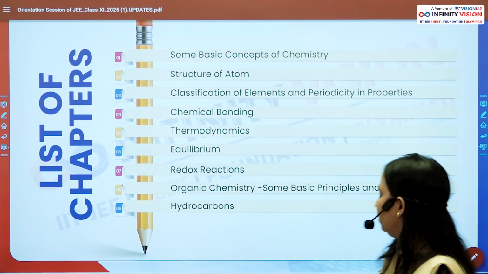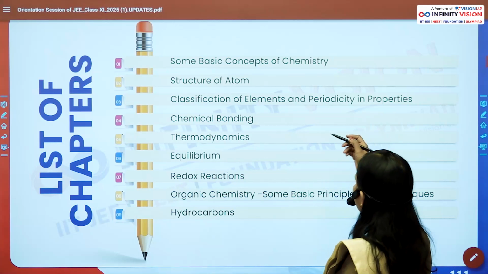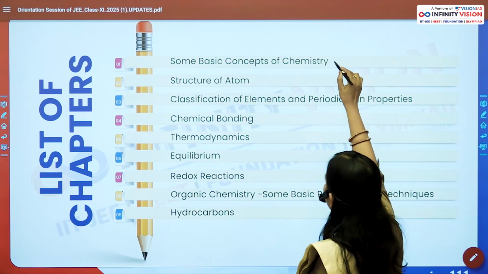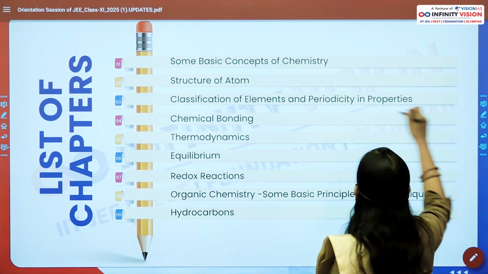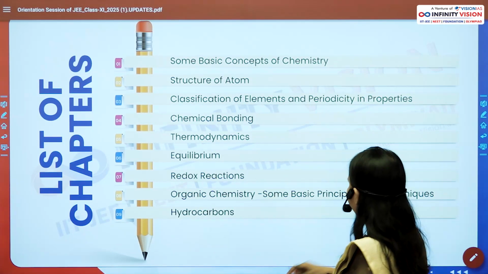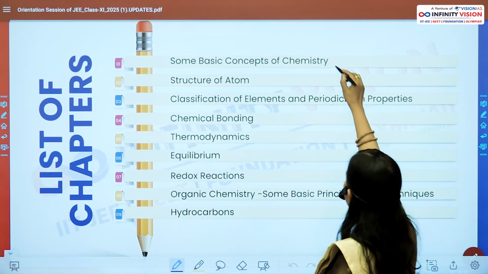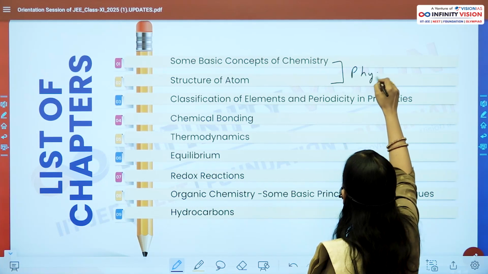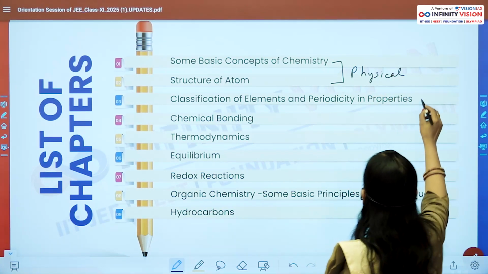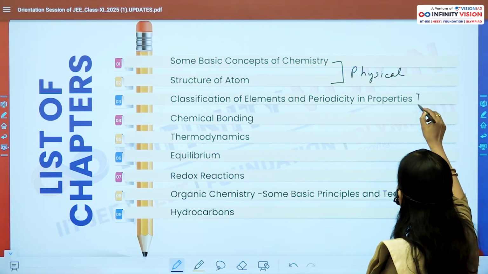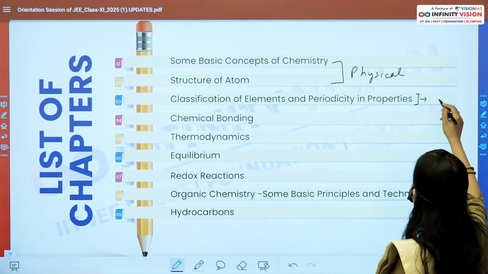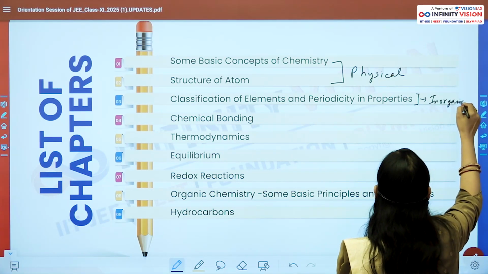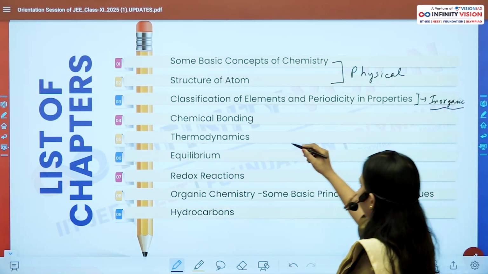So here these chapters are also divided on the basis of physical, organic and inorganic chemistry. The first chapter and the second chapter, some basic concepts of chemistry and structure of atom, are from the physical chemistry part. Classification of elements and periodicity of properties involves the periodic table and elements, so it is from the inorganic branch.